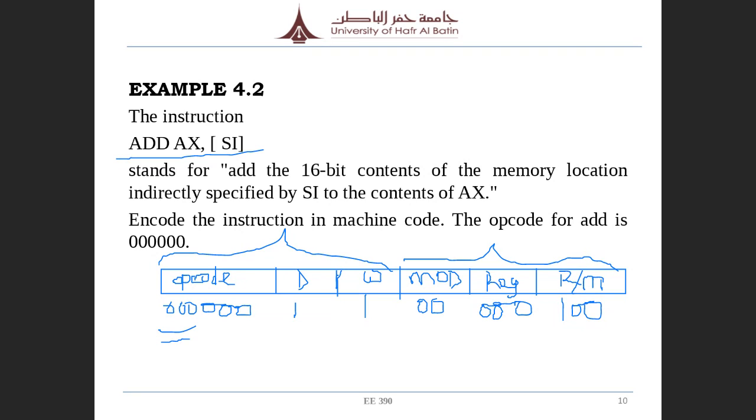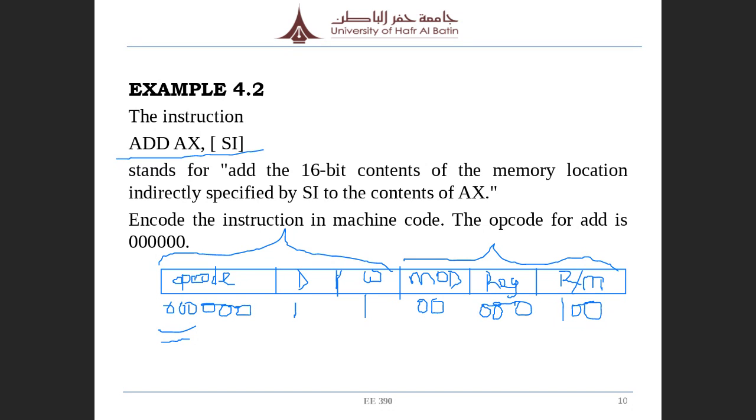So then what is the machine code now? It becomes 0000, 4 bit, 0011, then 0000, and then 0100.